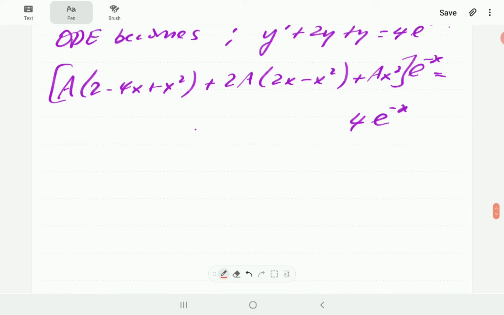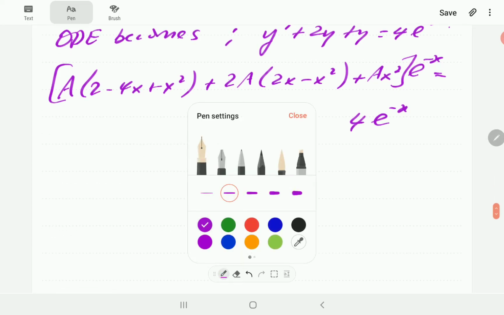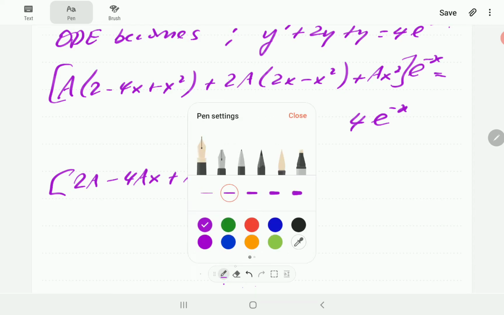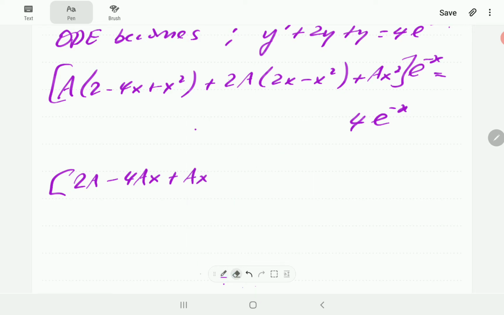Okay, let's remove the brackets. Then we're going to have 2a minus 4ax plus ax squared. In fact, we don't need to work with the a because the a is a common factor as well.